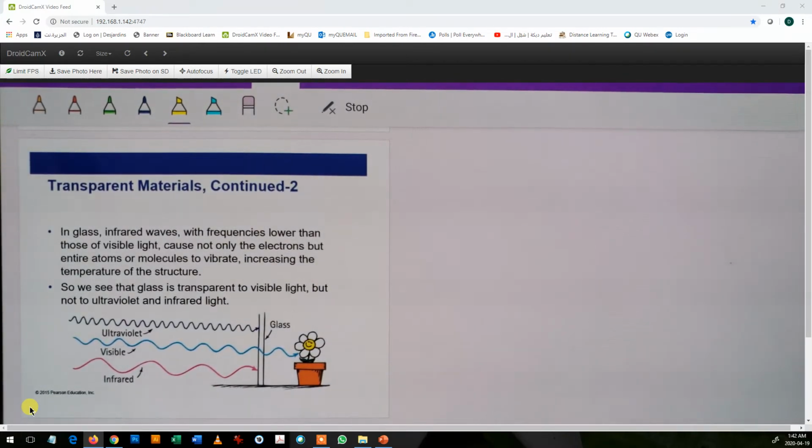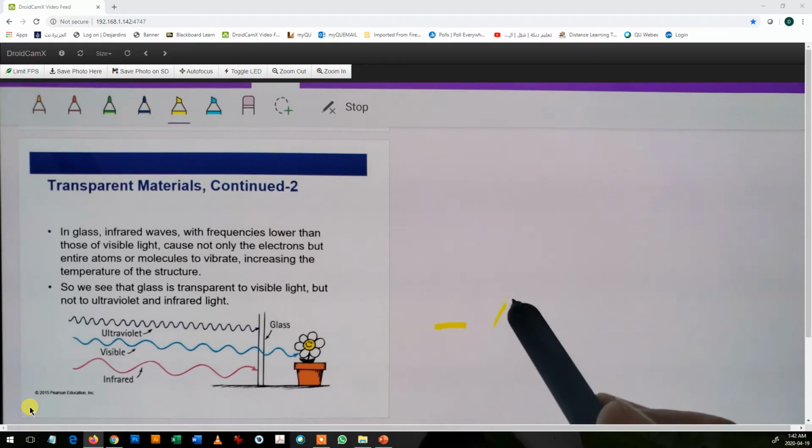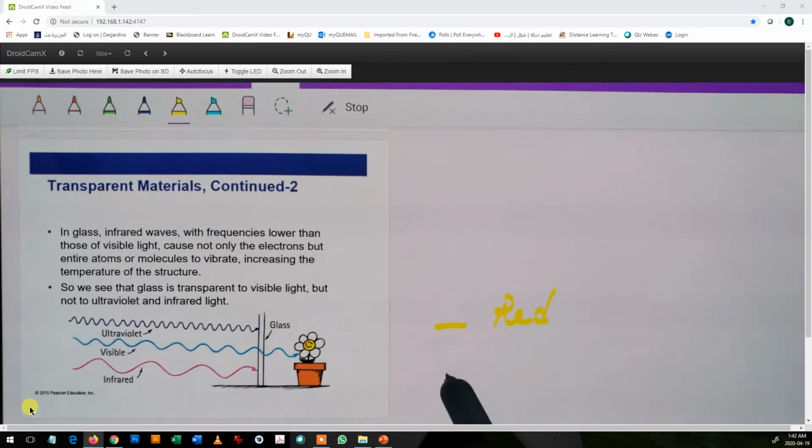Let's talk about glass itself. In glass, as you know, we can see red up to violet through transparent glass.